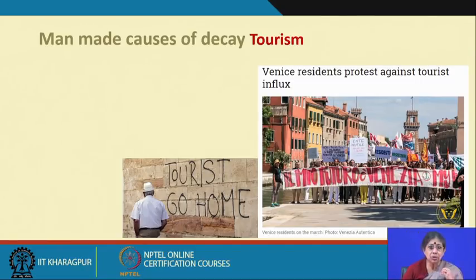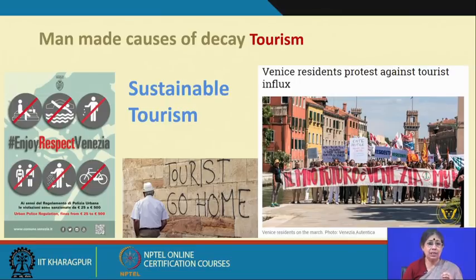So, we have to understand sustainable tourism, how to manage it, and to have proper awareness for the visitors and management control, so that what is written here, enjoy, respect Venice. It is not a Disneyfication, it is not a commodity that you can come and enjoy. There has to be some sort of responsibility in the behavior.